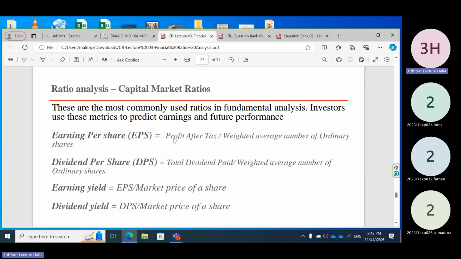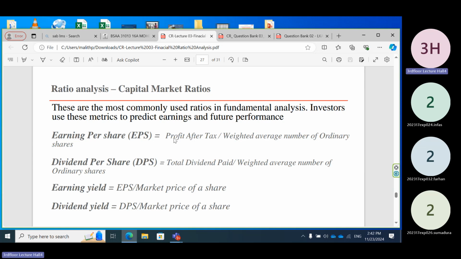Earning per share is earning divided by the weighted average number of shares, right?